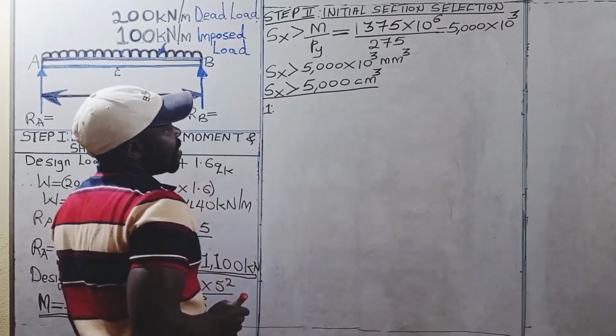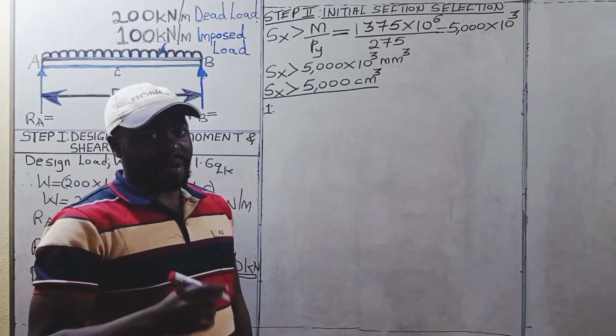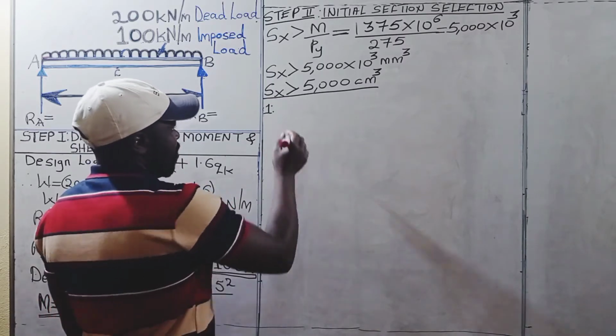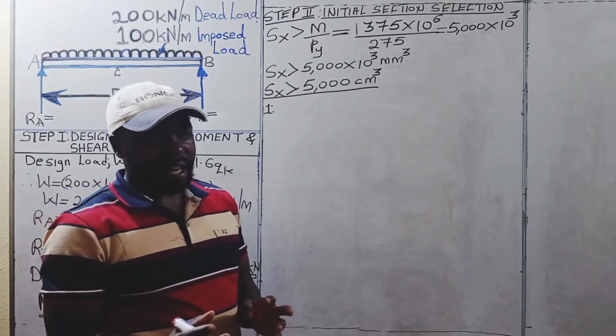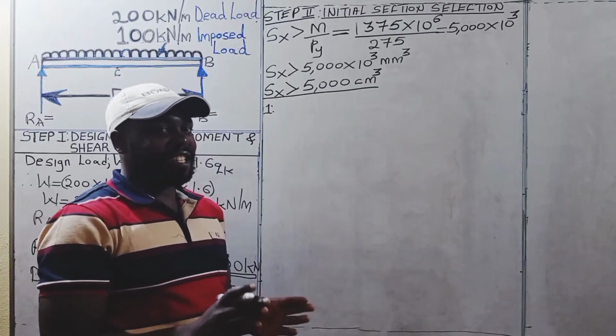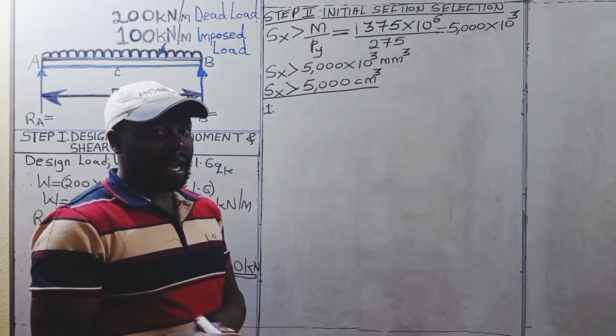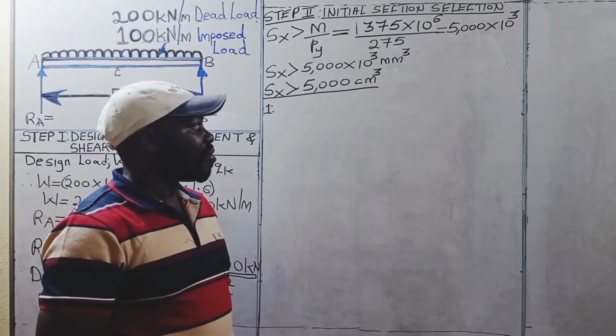Choosing now the sections from Appendix B, we are going to try the following sections, compare and contrast, and select the more suitable one among the ones that we are going to select.